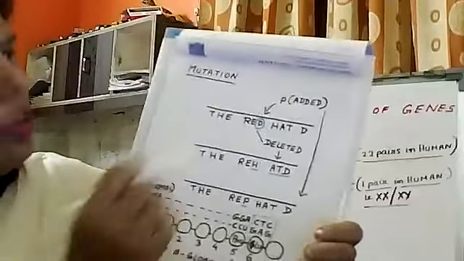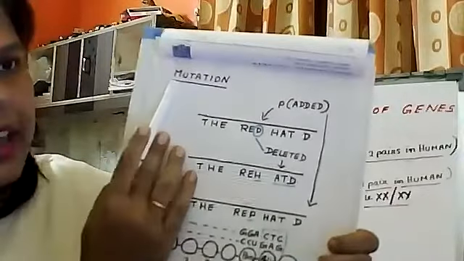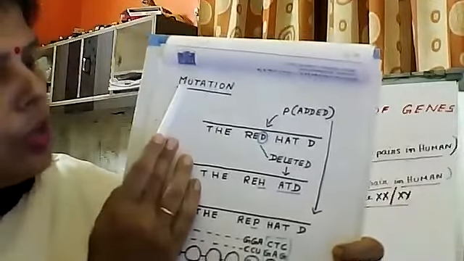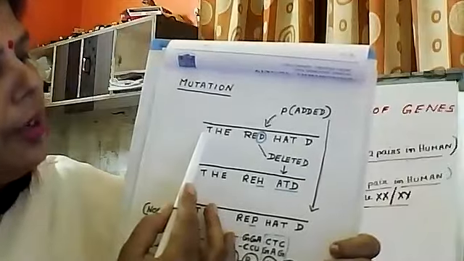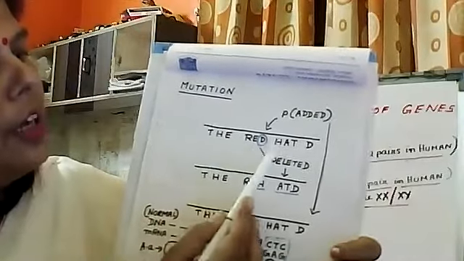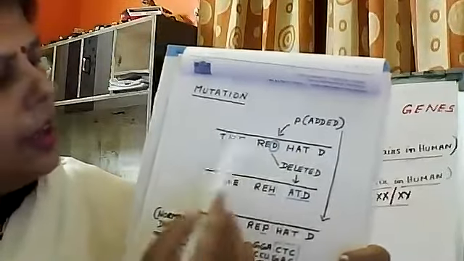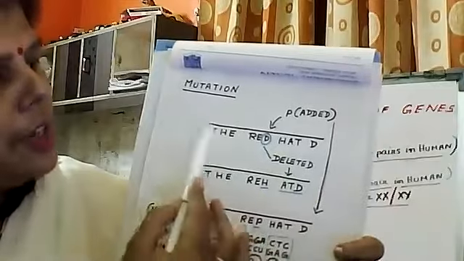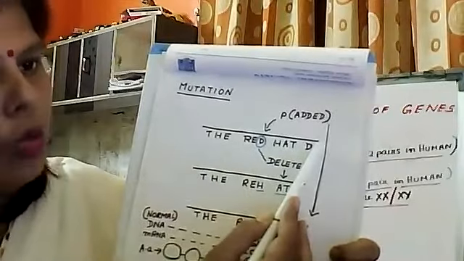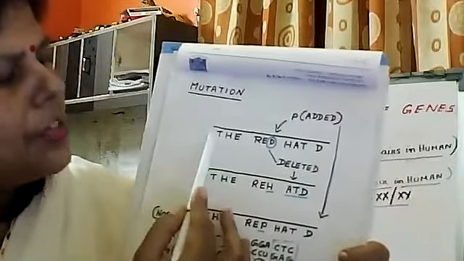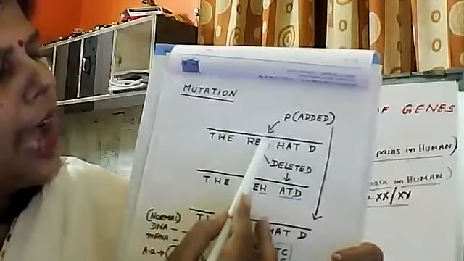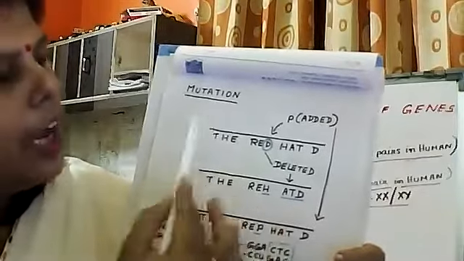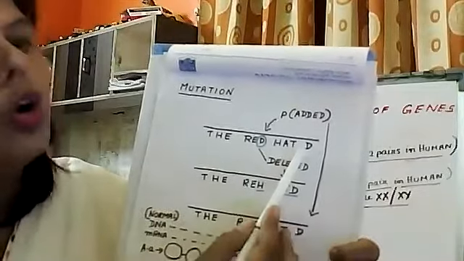Now for this one, I am repeating again. You have the idea of what mutation is. If you imagine THE RED HAT D, these are different genes present in a particular chromosome. If some changes occur in any of these genes, it will bring change to the whole setup.